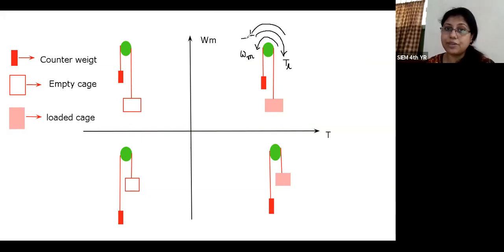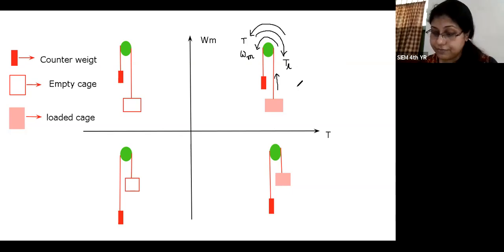So this is the direction of the motor torque. That means omega is operating in the upward direction. This is the motion. The drum is rotating in anti-clockwise direction, and we are considering the anti-clockwise direction of the speed as positive.